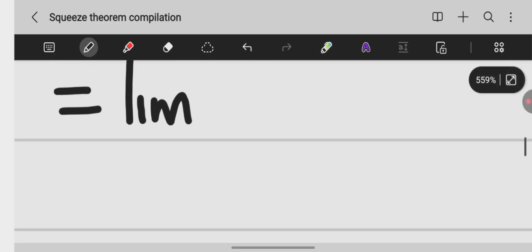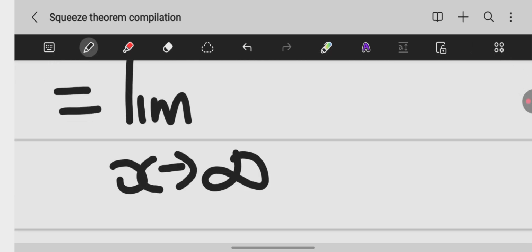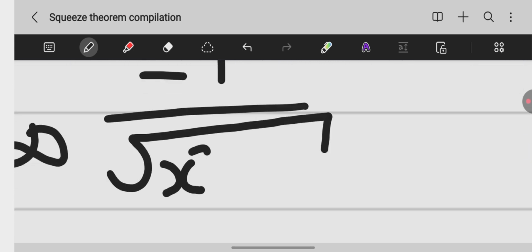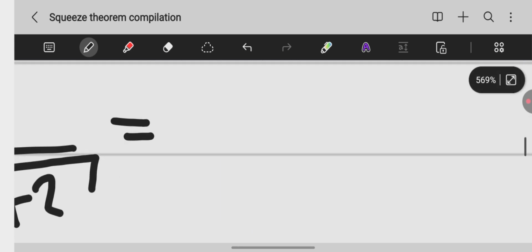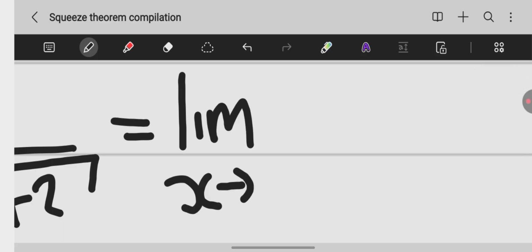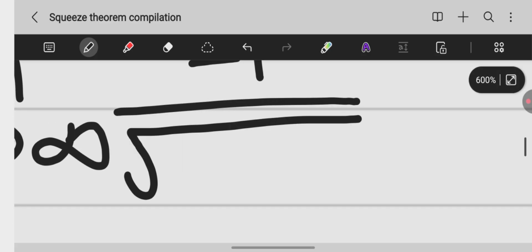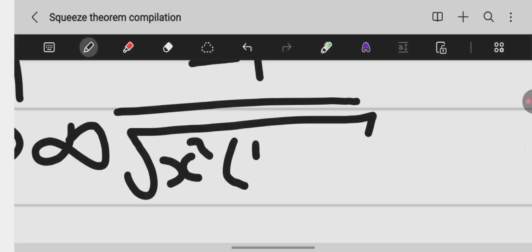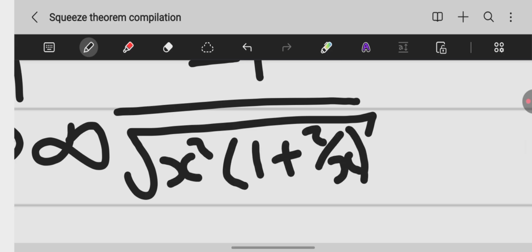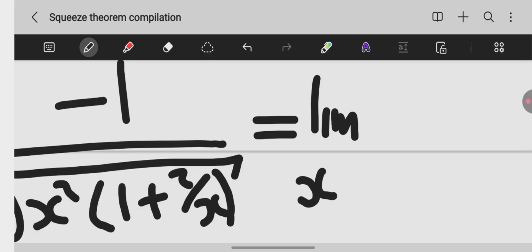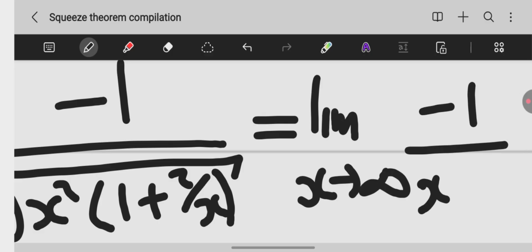So the limit as x approaches infinity of negative 1 over x squared plus 2 is the same as the limit as x approaches infinity of negative 1 over, so you take out a common factor of x squared, you'd have 1 plus 2 over x squared, which is equal to the limit as x approaches infinity, negative 1 over, taking it out, you'd have x squared, 1.